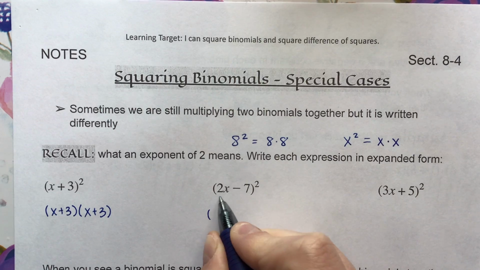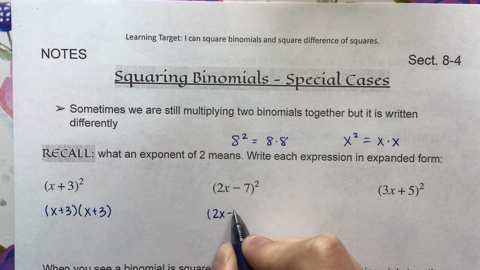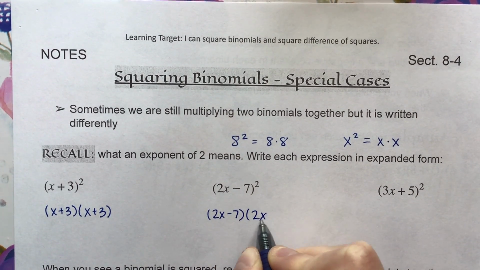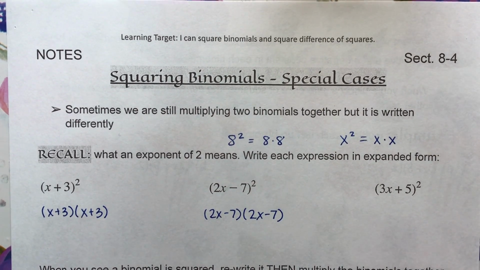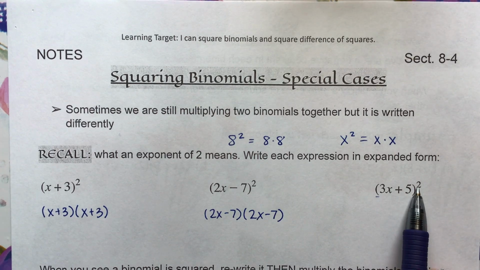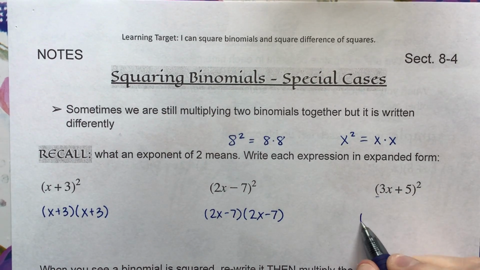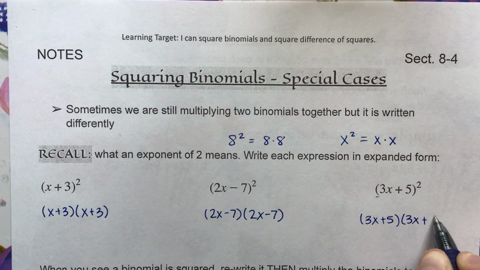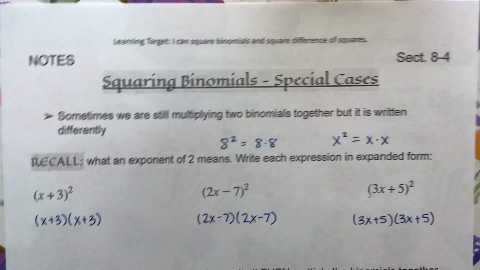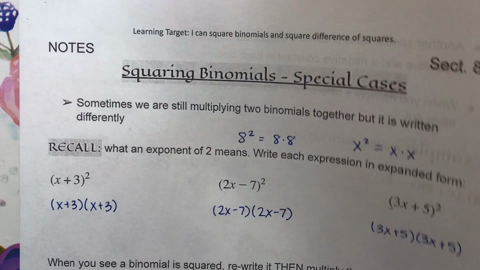For the next one, expanding this out, it's 2x minus 7 times 2x minus 7. For my last expression, it's getting squared, so that means it's 3x plus 5 times 3x plus 5. And we're done with that first part.